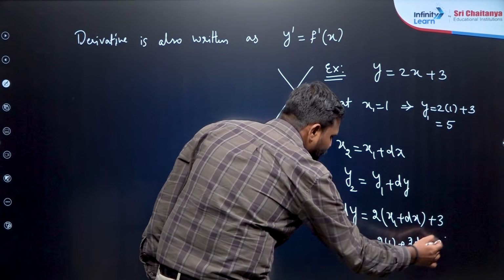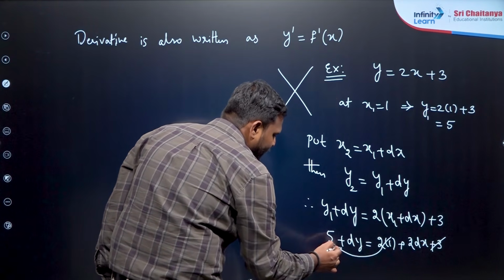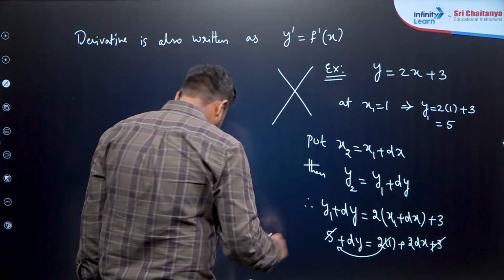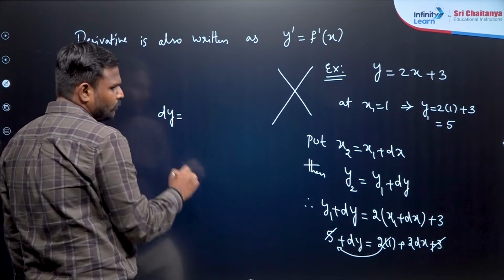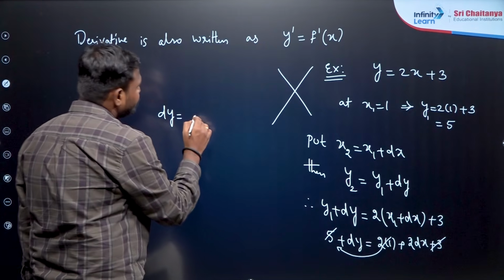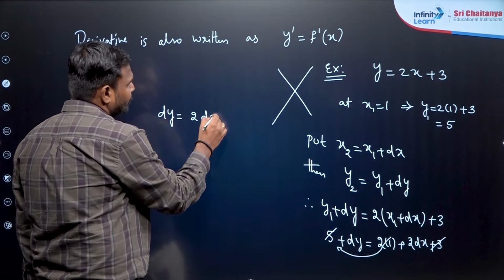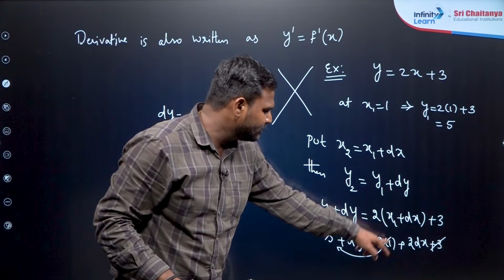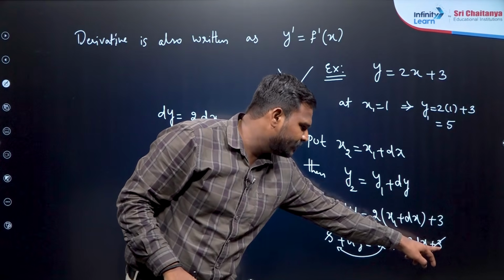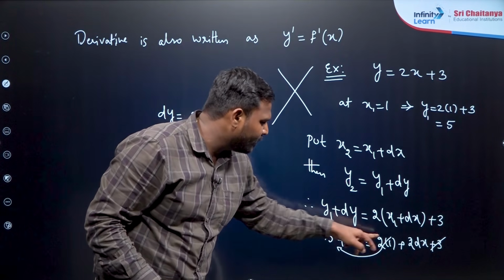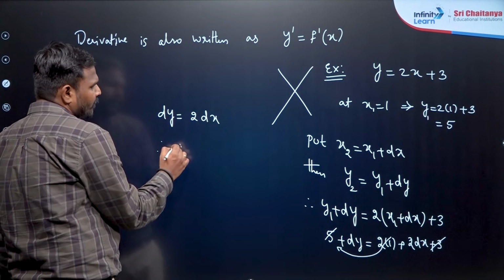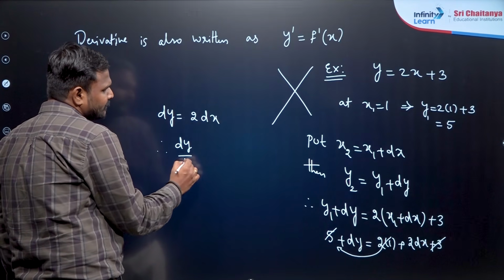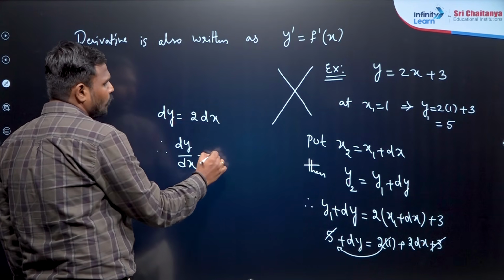So 2 plus 3 is 5, and 5 minus 5 is 0. So what is remaining here, sir? dy is equal to 2 times dx. I hope the mathematics is clear, sir. 2 ones are 2, 2 plus 3 is 5, 5 will come to this side, 5 minus 5 is 0. So the remaining is 2 dx equal to dy. Therefore dy by dx is equal to 2.